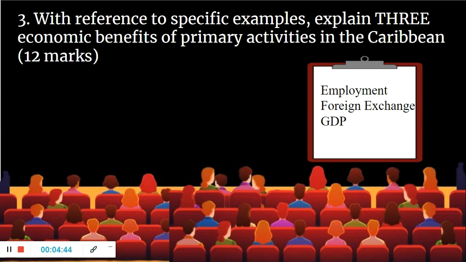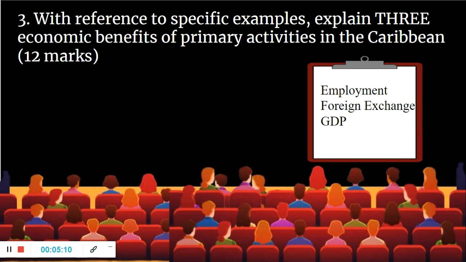All right? And planning your answer doesn't have to take a long time. So you notice it's 12 marks and they're asking you for 3 benefits. All right? So you can consider in your mind already that each of those benefits, 4 marks would be allotted to each of those benefits.